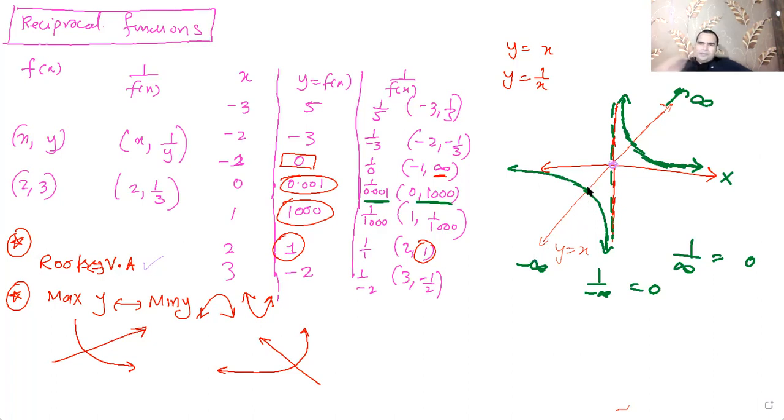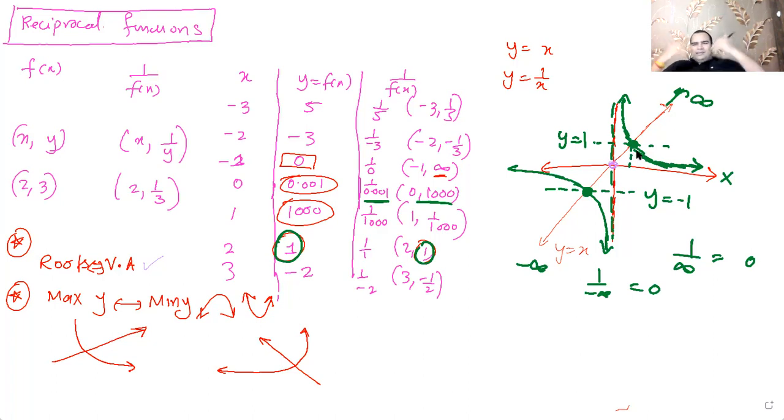And one very interesting part you notice is that where the function and its reciprocal intersect, that will be nothing but the y equals to 1 line and the y equals to minus 1 line. The reason is that when I take the reciprocal of 1, it remained 1. So wherever your y would have been 1, the reciprocal of that is going to be 1.